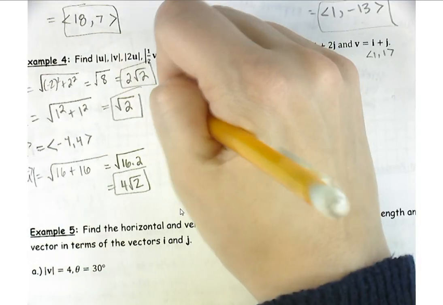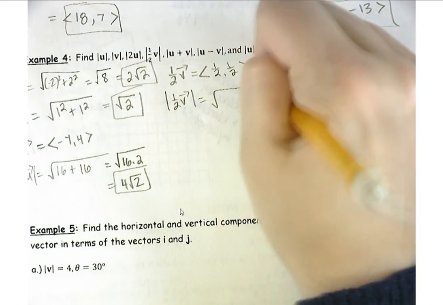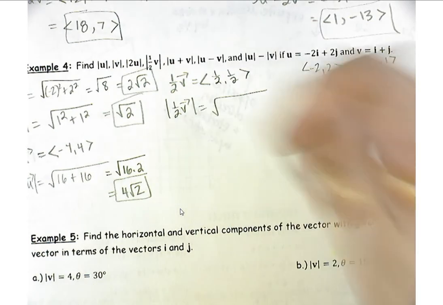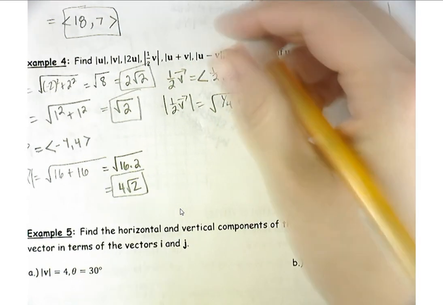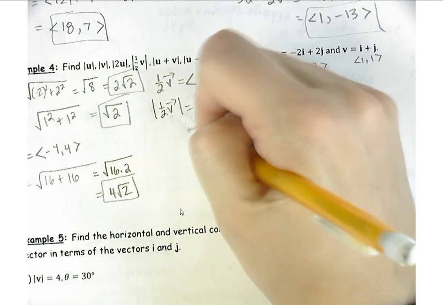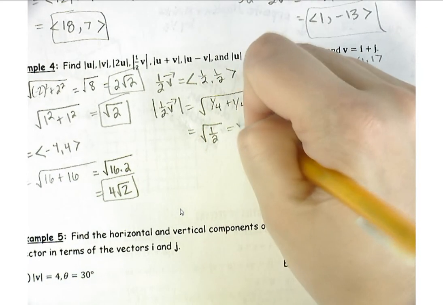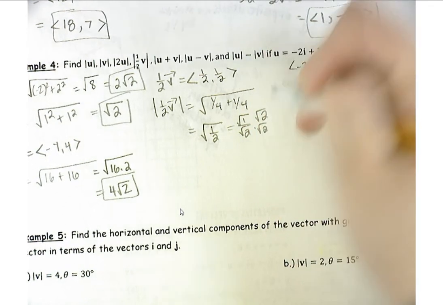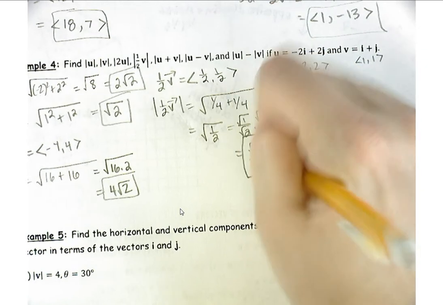Then when I go to do the magnitude, I'm going to do the square root of, what's 1/2 squared? 1/4. 1/4 plus 1/4 is 1/2, right? The square root of 1/2. So then I can rationalize. I have the square root of 1 over the square root of 2, which is going to end up being root 2 over 2.